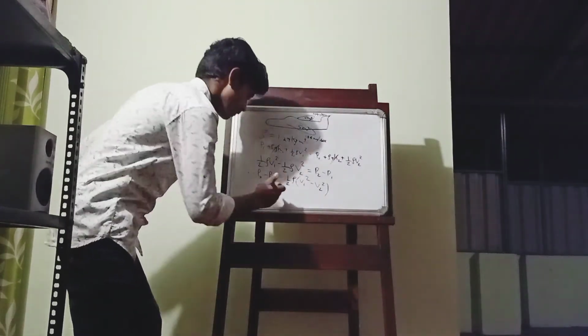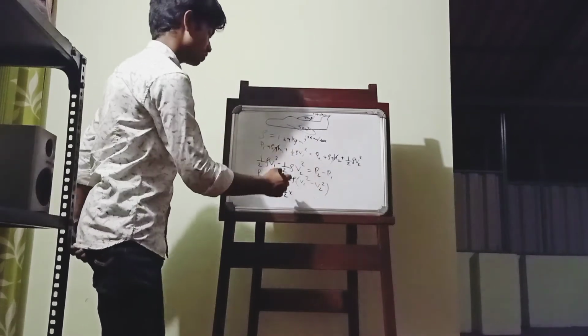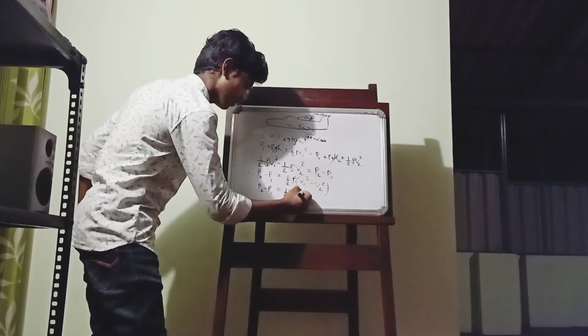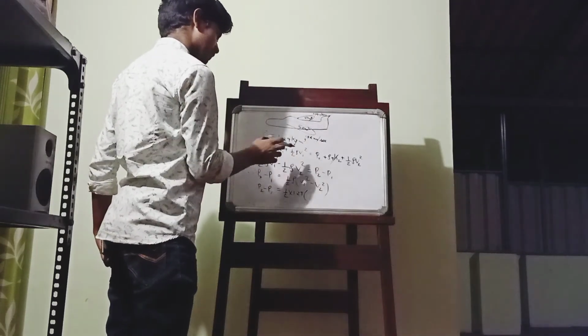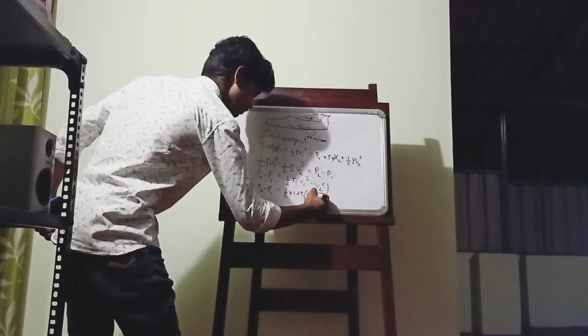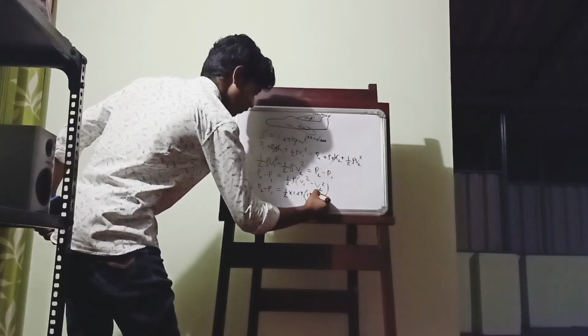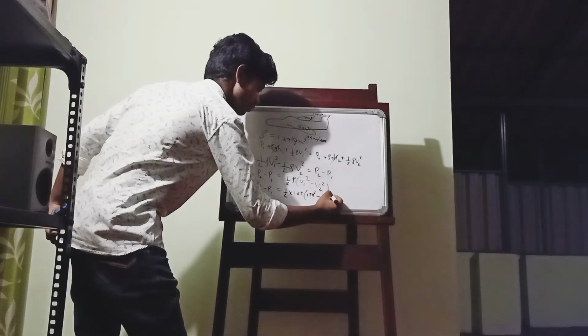I'm going to write it as half into rho, which means the density, 1.29, into V1 squared. V1 is 179, so 179 squared, minus V2, which is 134 squared.